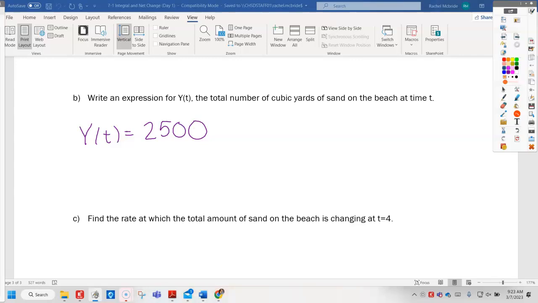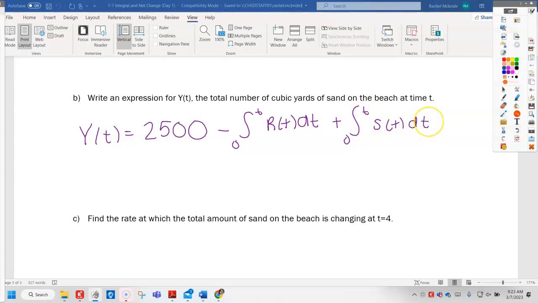So it's going to be 2,500. Is R adding or subtracting sand from the beach? Yep, so we're subtracting the integral from 0 to t of R of t dt, and we're adding the integral from 0 to t of S of t dt.